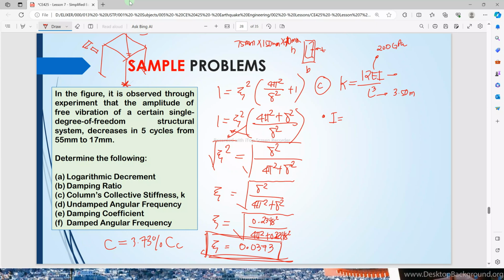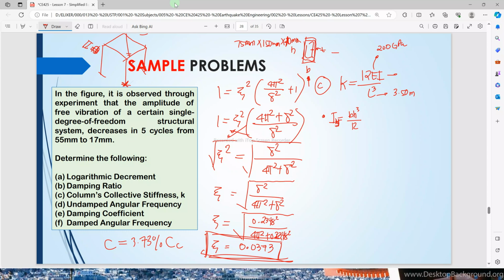Whatever the case, to be safer, we assume the weakest inertia, the weak side. So for this example, the inertia will be BH cube over 12, if the movement or oscillation is in that direction.